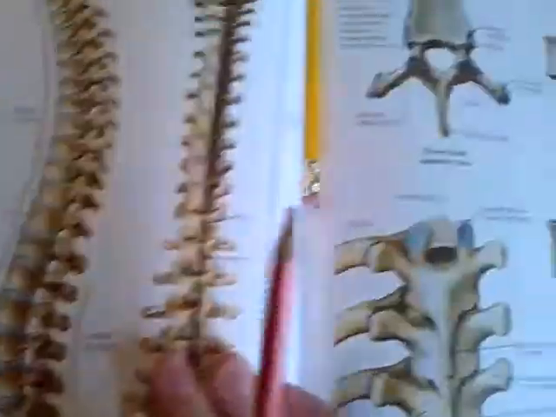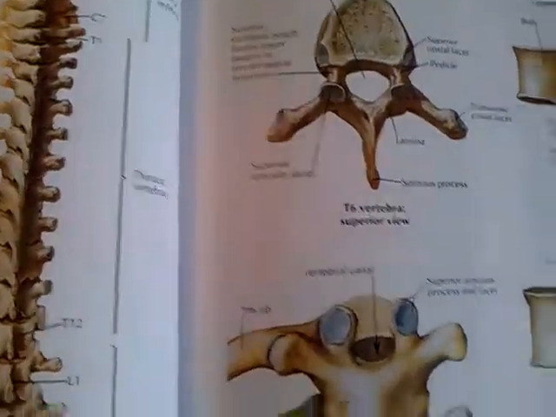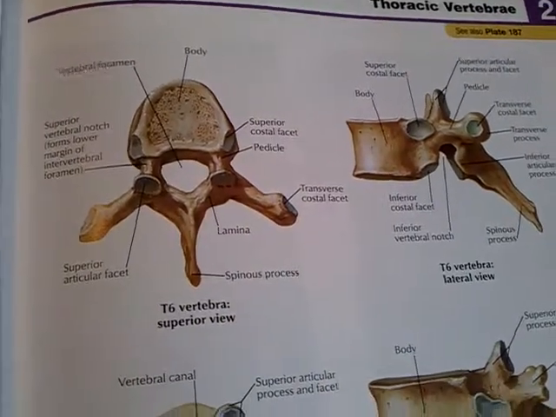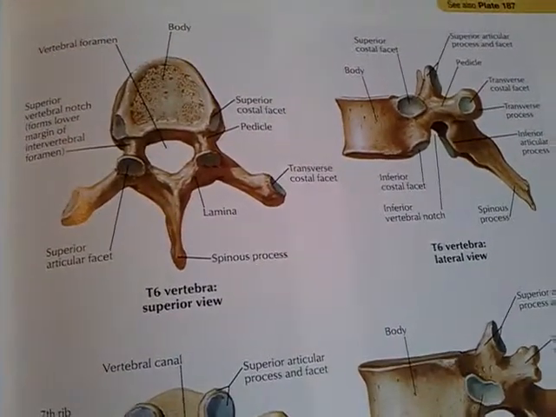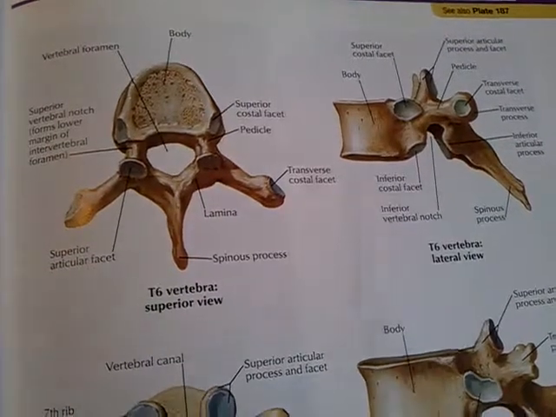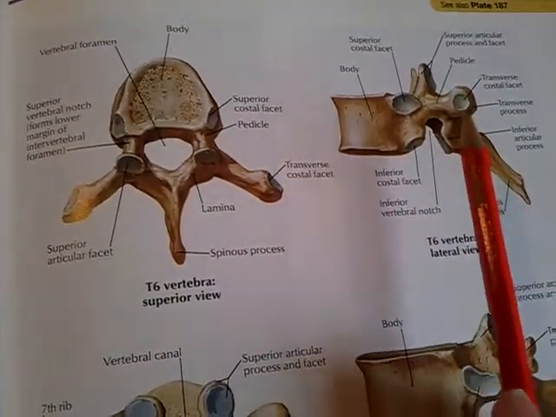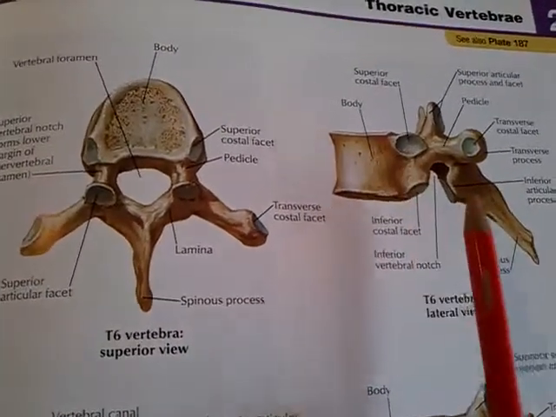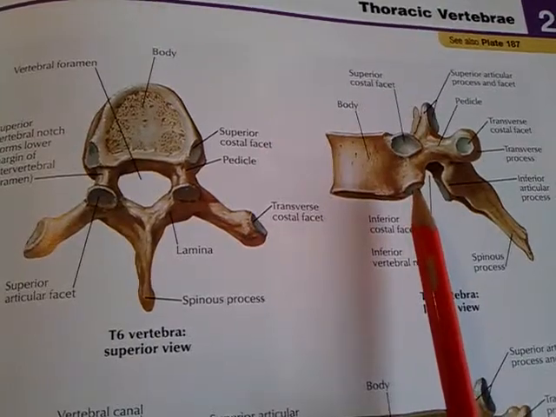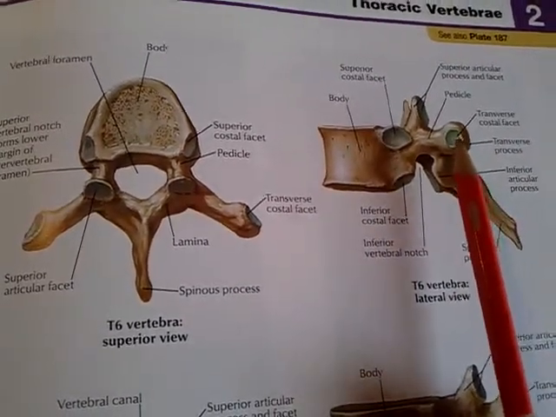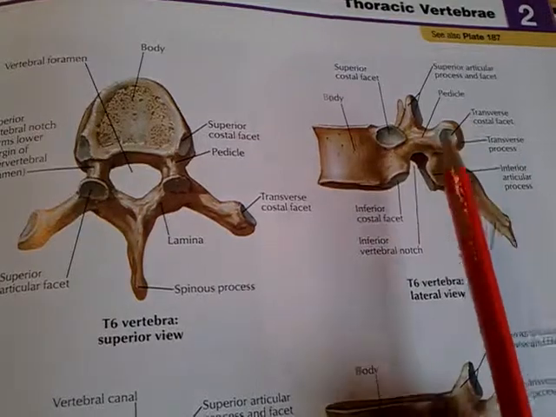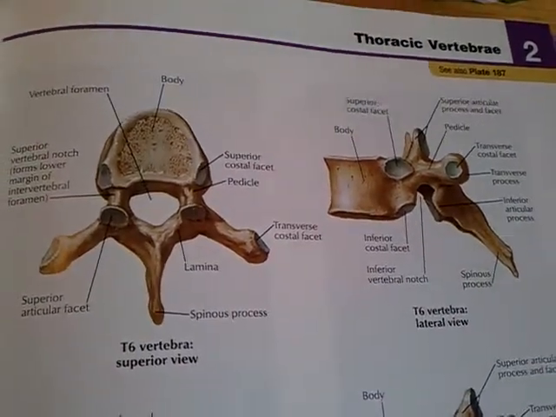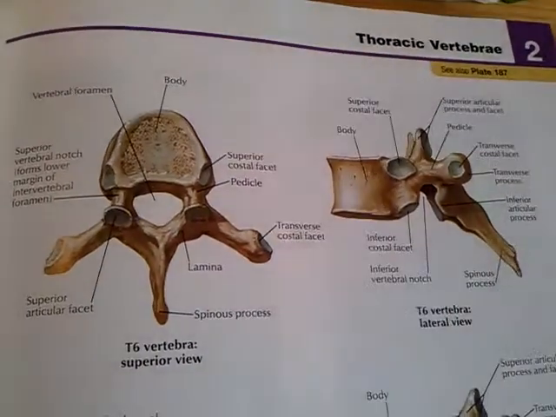And then for the thoracic vertebrae, they are intermediate in size between the cervical and lumbar vertebrae. On each side it bears articular facets for ribs. You have a superior costal facet, an inferior costal facet, and a transverse costal facet on the transverse tubercle, or the transverse process.